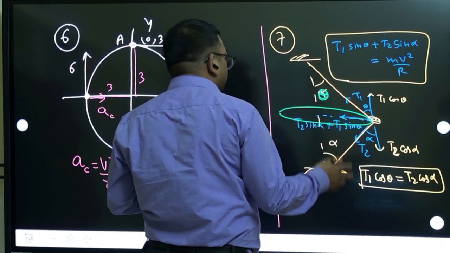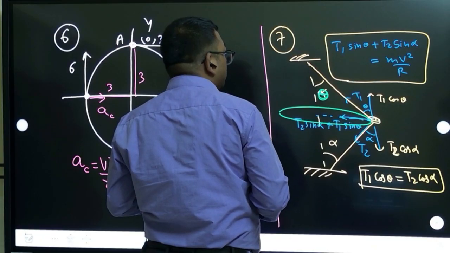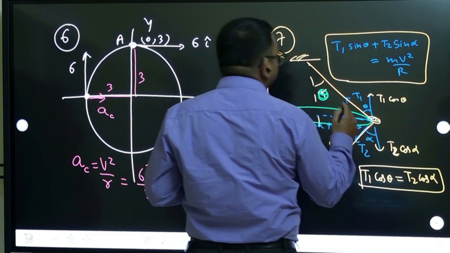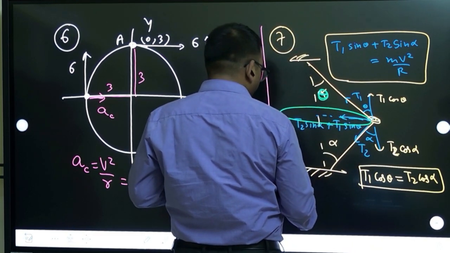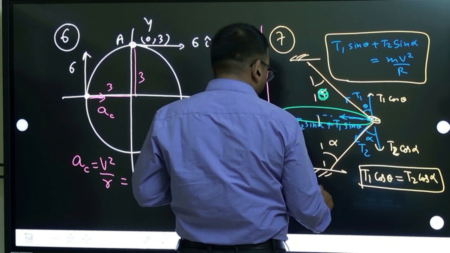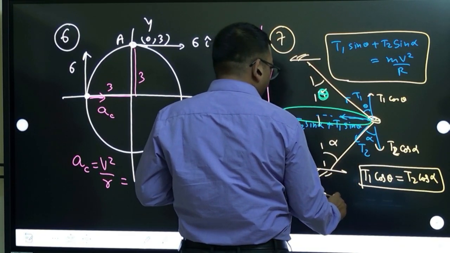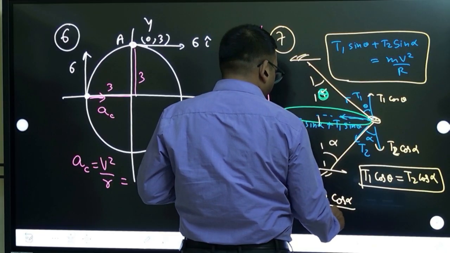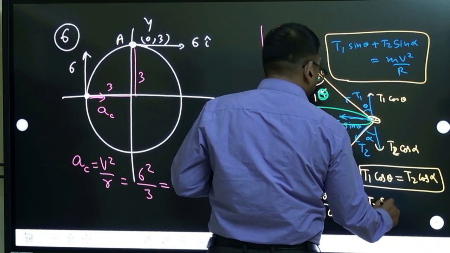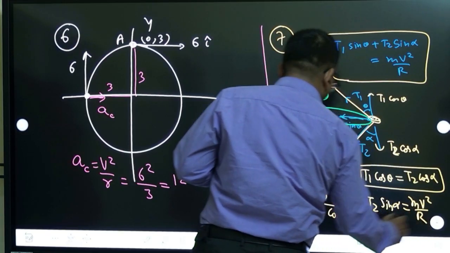If you want, you can substitute T1 in terms of T2. So that becomes T2 sine theta, of course, times cos alpha by cos theta, plus T2 sine alpha, equal to m v square by radius.